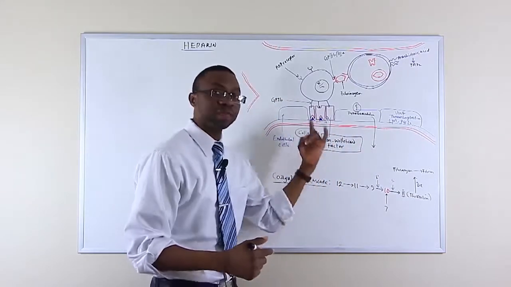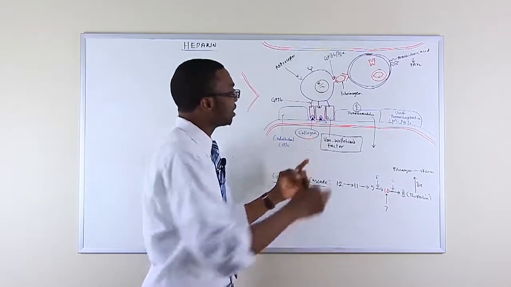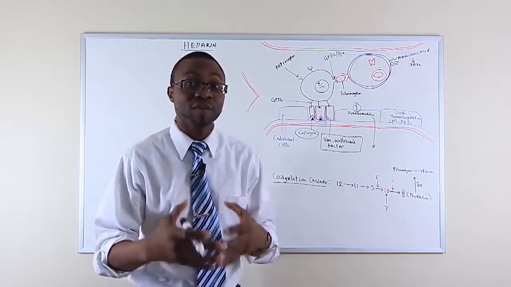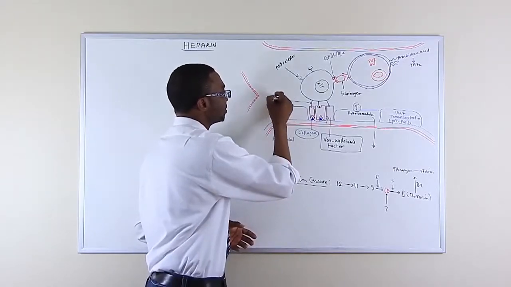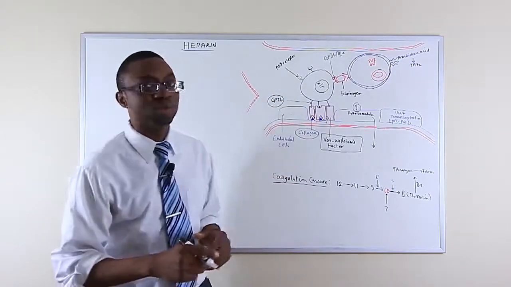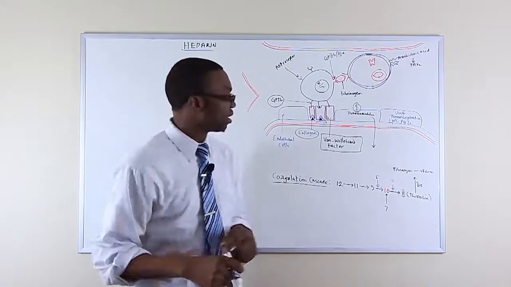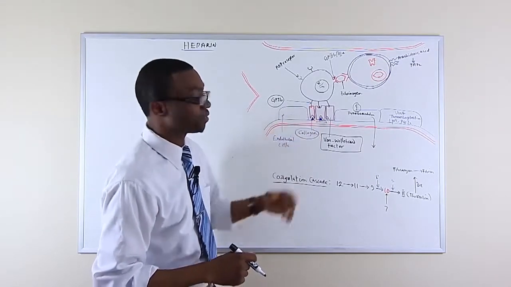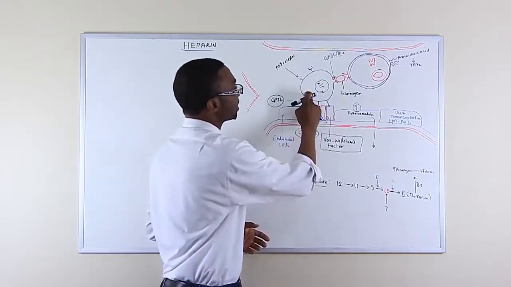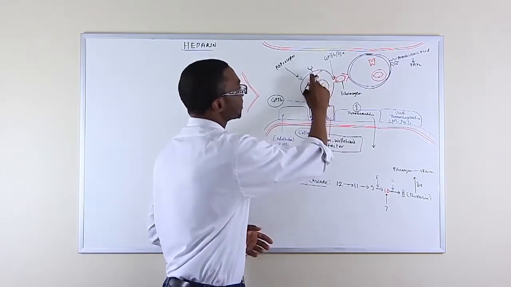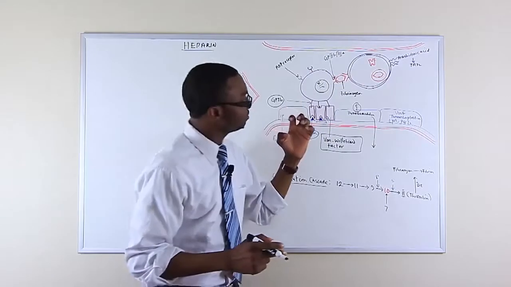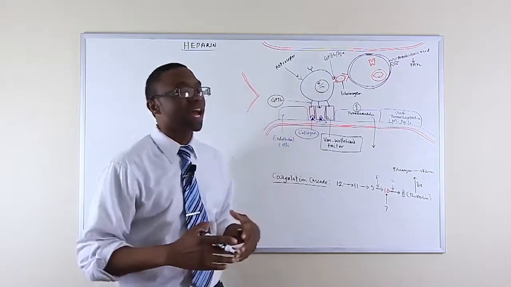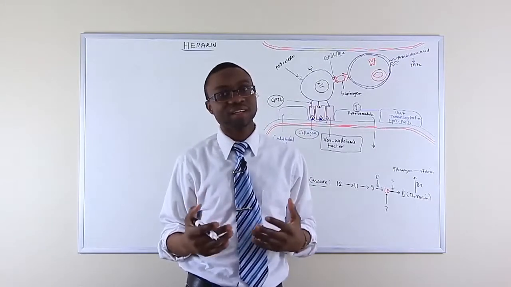That is why I drew von Willebrand factor. Now, as soon as von Willebrand factor is bound to the collagen, platelets are going to bind to von Willebrand factor with the protein glycoprotein 1B. It's going to bind to a receptor on the von Willebrand factor. Now, this is a platelet, and once platelets are activated, they're going to secrete adenosine diphosphate.